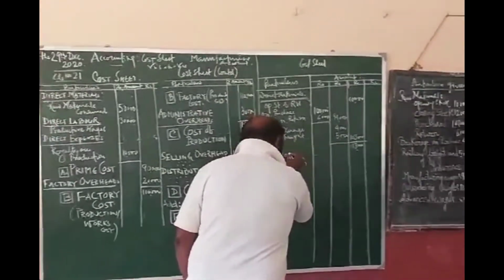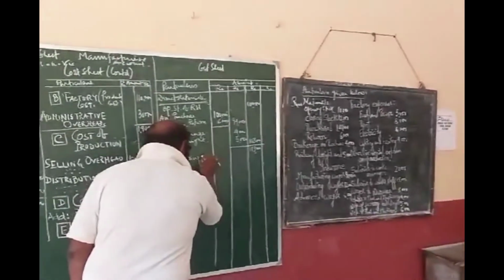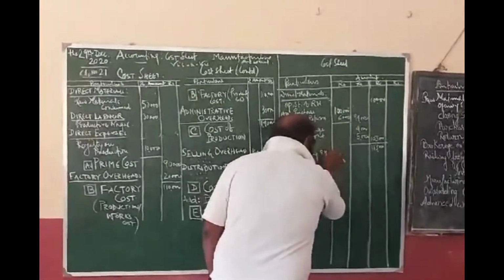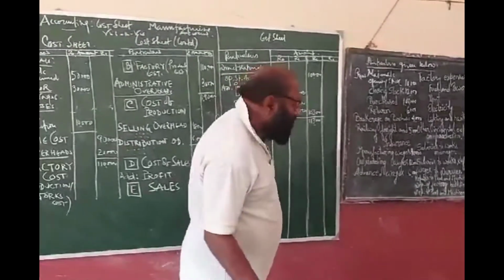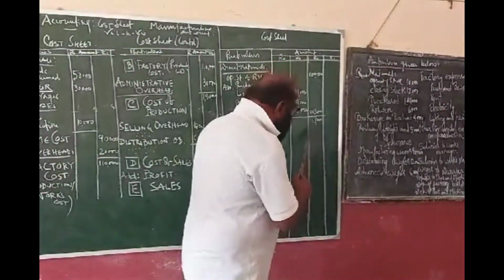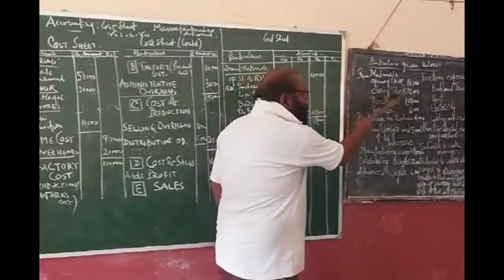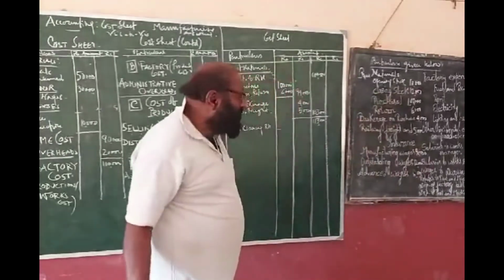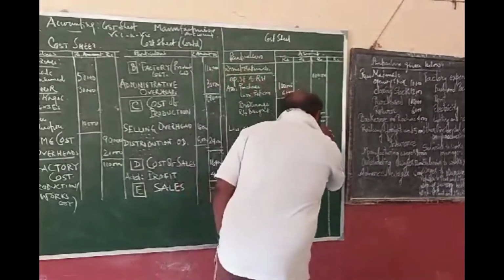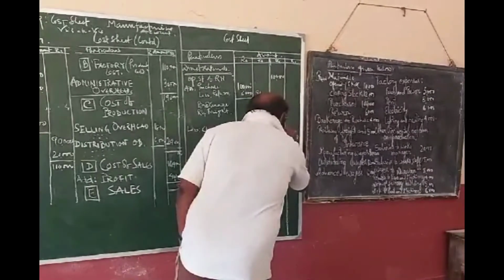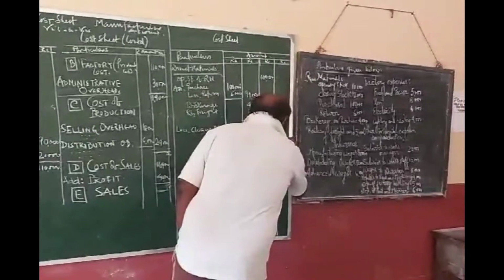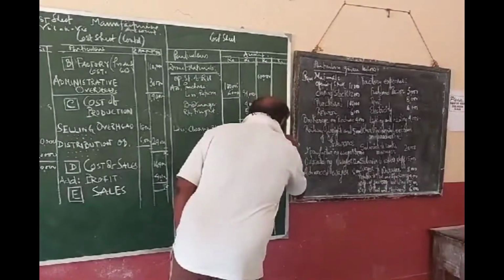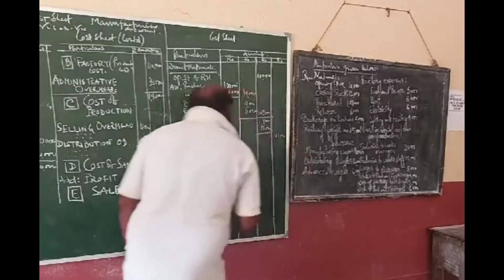less closing stock. That is the amount of closing raw material, the amount of material which you have already purchased and which is included over there but has not been used during the year. During this year, it is amounting to rupees 12,000. So the amount of raw material is 1,01,000.